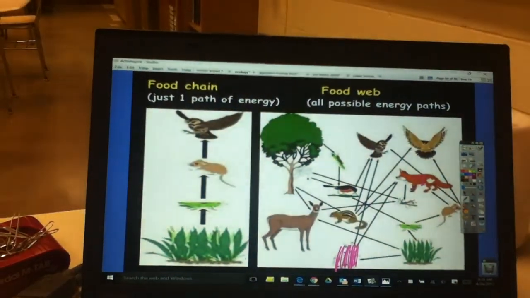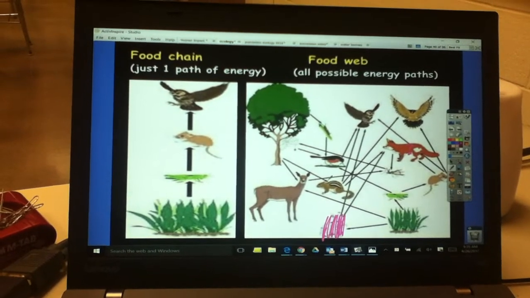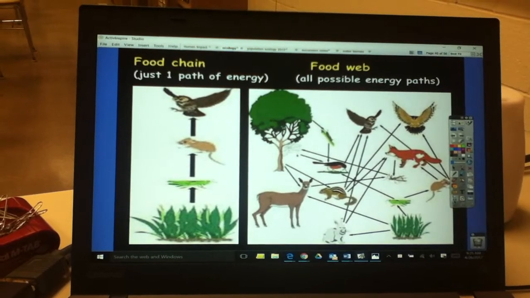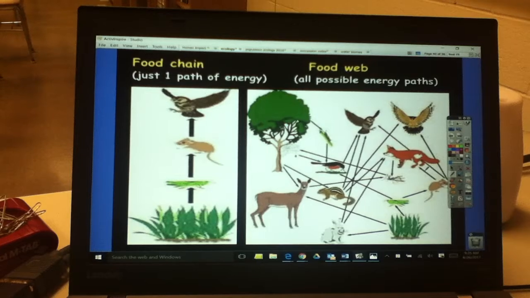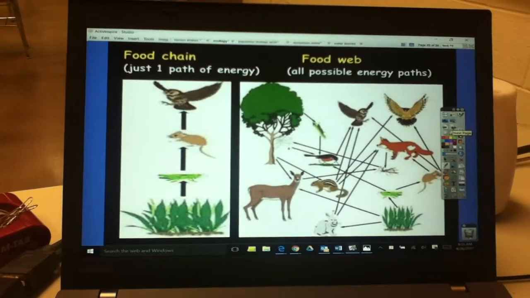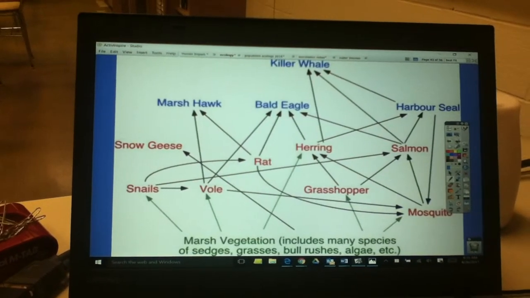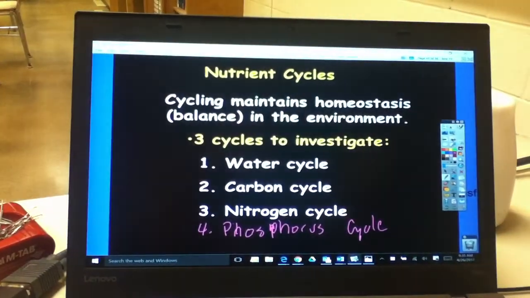A food web shows the interconnected relationship of multiple food chains, and you can see that if any organism is removed from the ecosystem, there's always going to be a domino effect on the rest of the ecosystem. So whatever was eating that organism or whatever that organism is eating will be affected. In your PowerPoint, there are a few different food webs for you to take a look at that you need to understand.